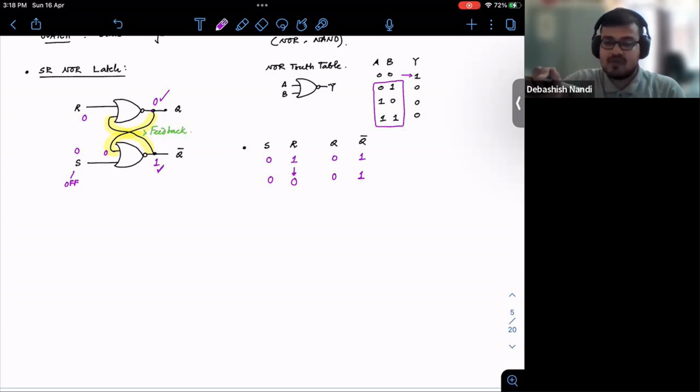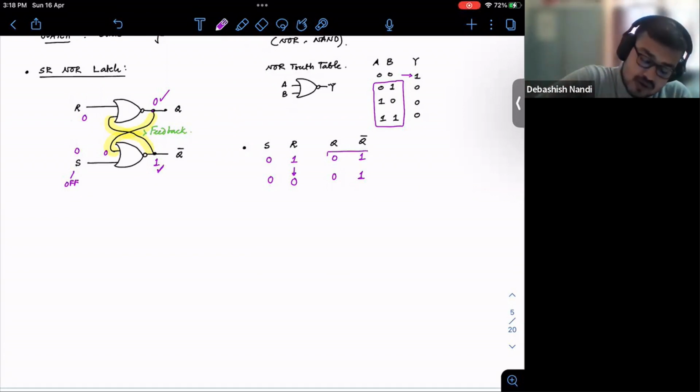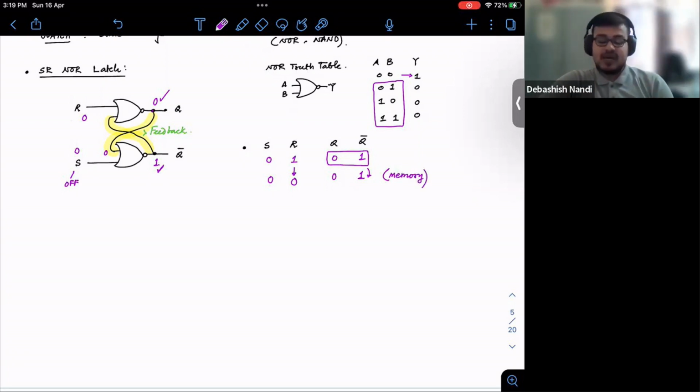In one port, you have given one input. So accordingly, your outputs have been set. Now, if you remove that input or you just switch it off, what happens? This value is stored here, right? So this acts as a memory state. Now, if I keep the SR latch, by the way, this is called SR latch.